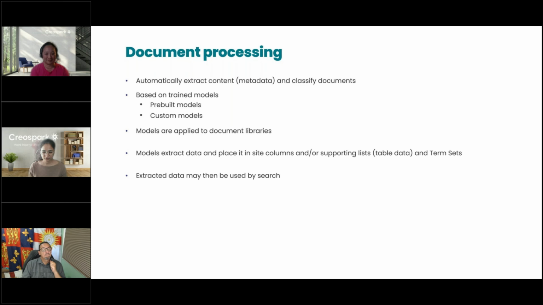You can also build your own custom models to process unstructured, structured, and freeform documents such as insurance forms, proposals, and more. And then you can just apply these models on document libraries, and whenever you add a new document, the model will extract and place the extracted data in the documents. Next slide.